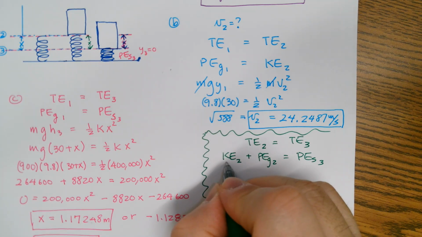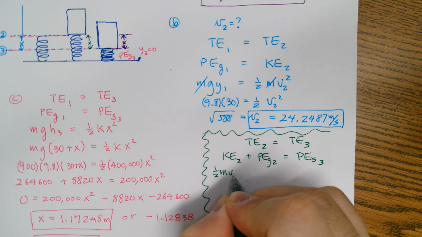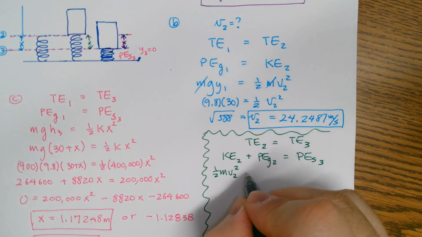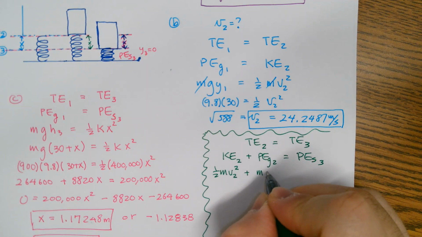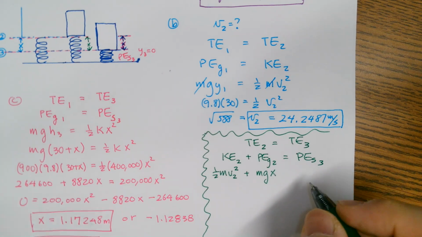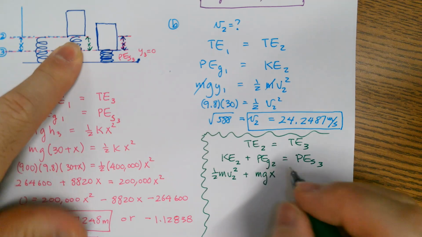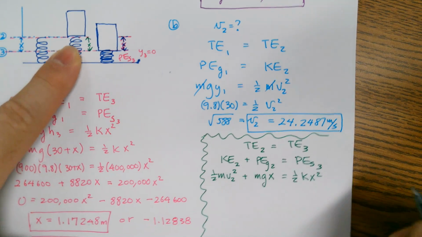Here, the kinetic energy, 1/2 mv2 squared, which is this value right here, plus gravitational potential energy mgx, that's the height, is equal to 1/2 kx squared.